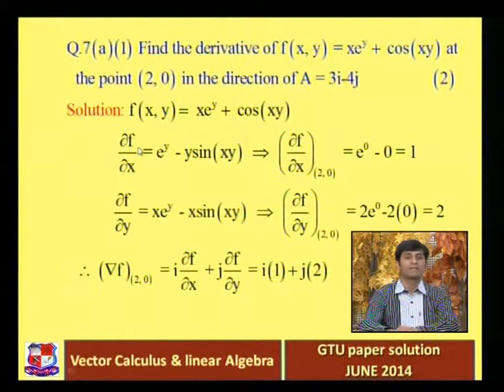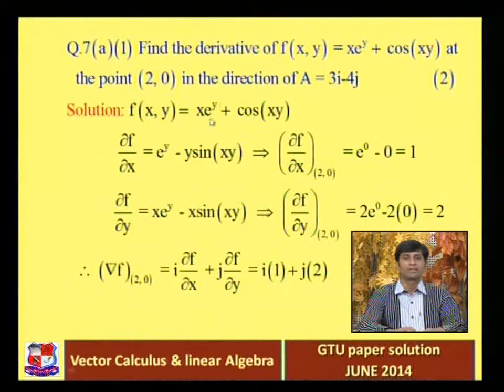So first we find del f by del x. In that case, you know that y is a constant, because we are differentiating the function f with respect to x. So x is the only variable, taking y as a constant. In the first term, x is the only variable, so e^y is a constant.